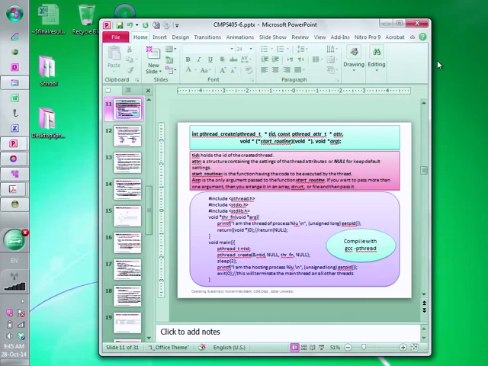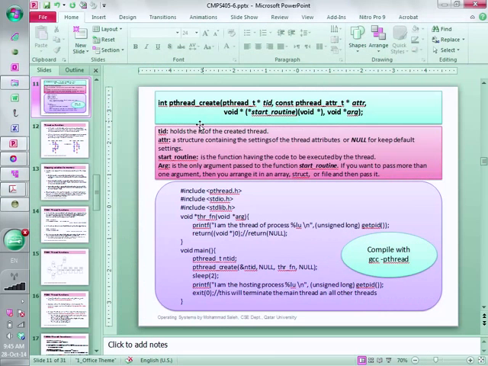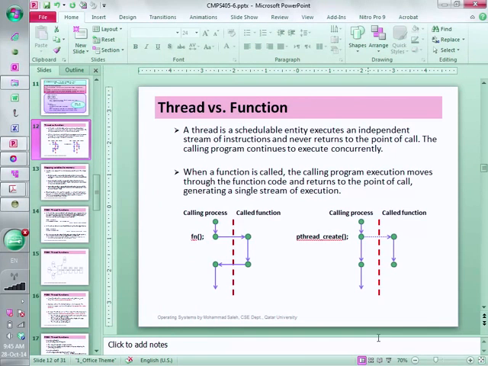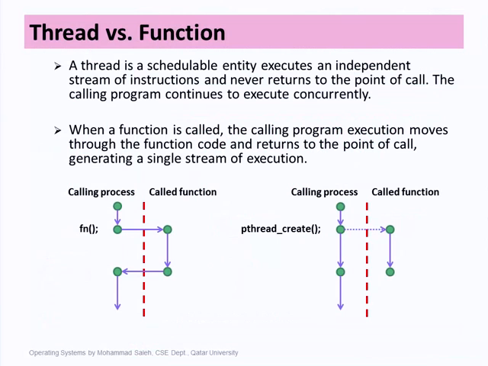The important thing for you to remember here, and this is the last slide, is the difference between a function and a thread. Because you have seen that the thread is a function, but what's the difference? For functions, when a process calls the function, the execution goes to the function.